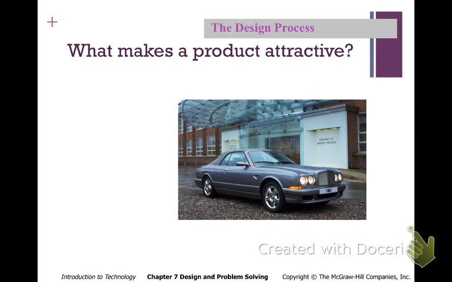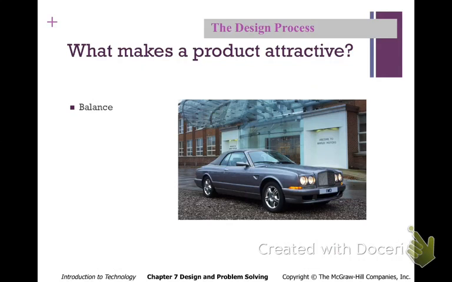Okay, what makes products attractive? These are what we call the design principles. There are multiple of them, but we're going to talk about some of the common ones. We want to make sure everything's balanced. If it's symmetrical, everything is equal on both sides. So if you took this car and cut it in half from the front to the back, the left side is going to look identical to the right side.